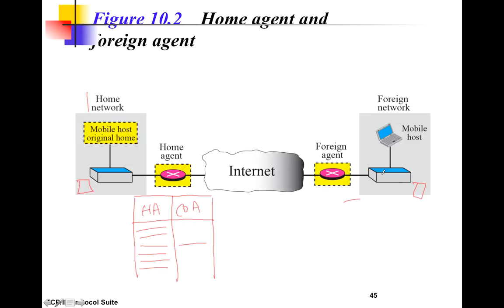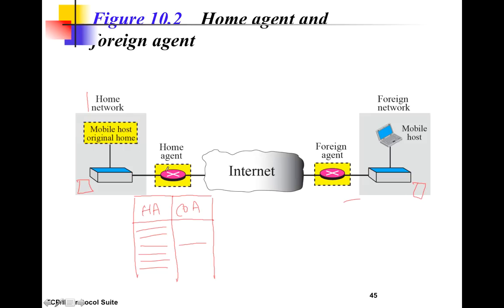Okay? It's not the same number. Every time, anytime you make a new entry into the country, you will get a new visa ID. Similarly, every time you enter a foreign network, you will get a new care of address. Okay? And that will be a temporary address.